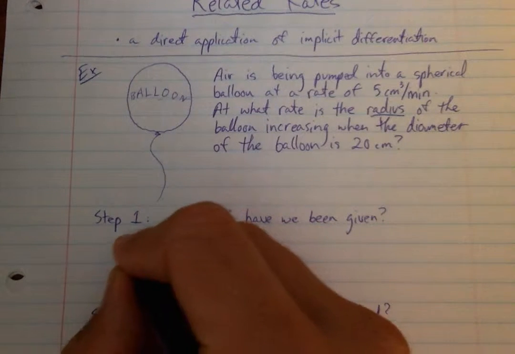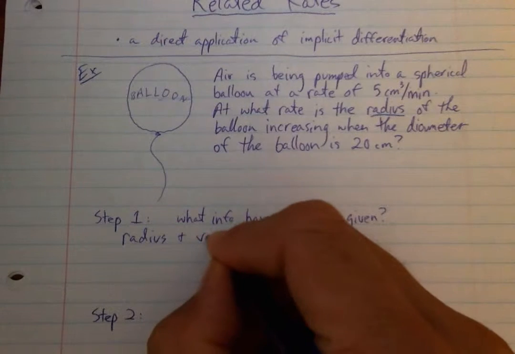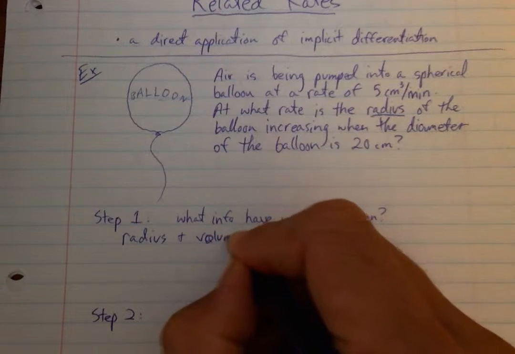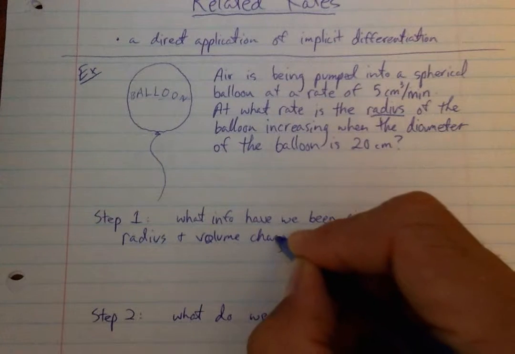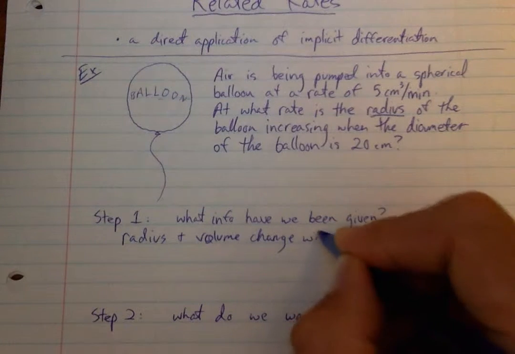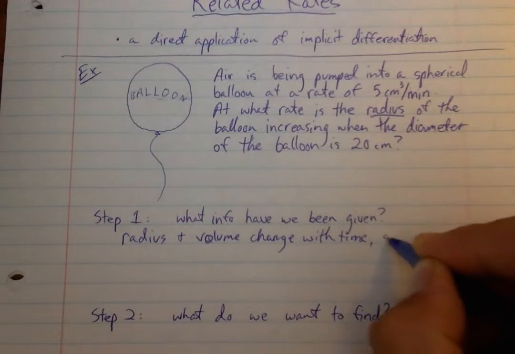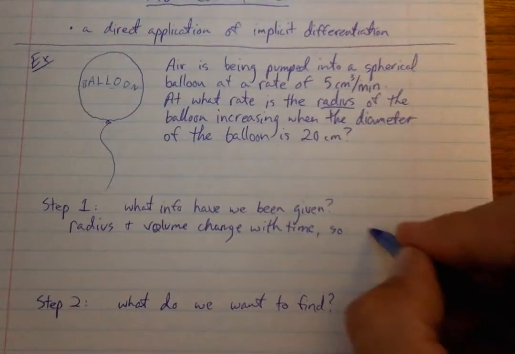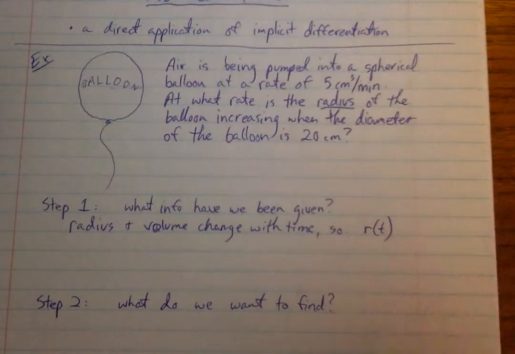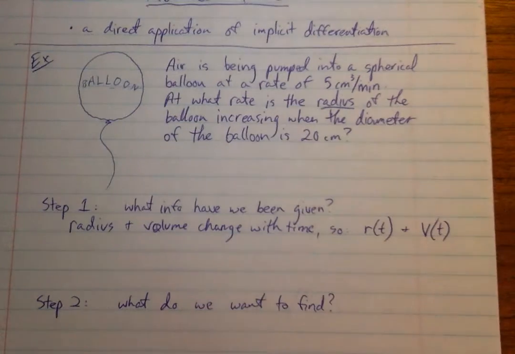So that means we have radius and volume changing with time. As you might expect, they are r of t and v of t.